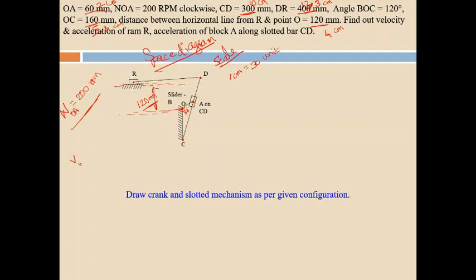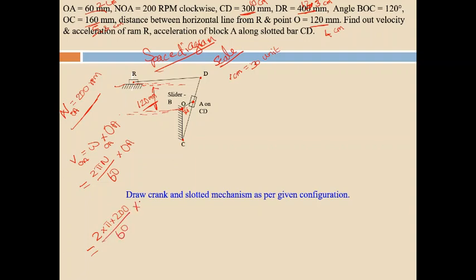VOA equals omega OA into OA. Omega OA is 2 pi N by 60, into OA. So that is 2 into pi into 200 divided by 60, into OA.